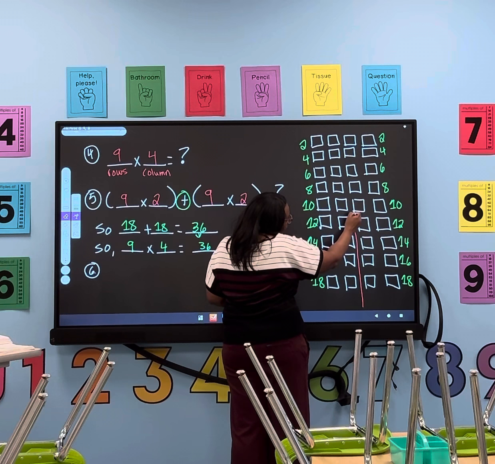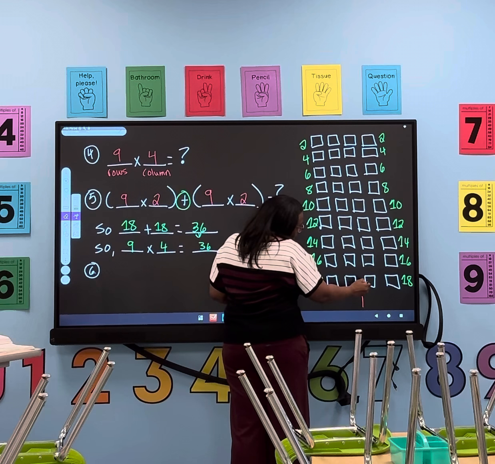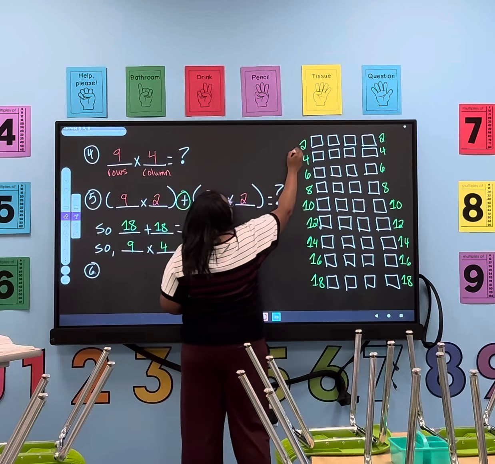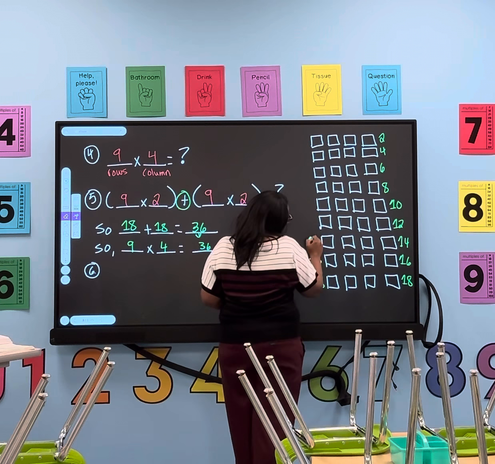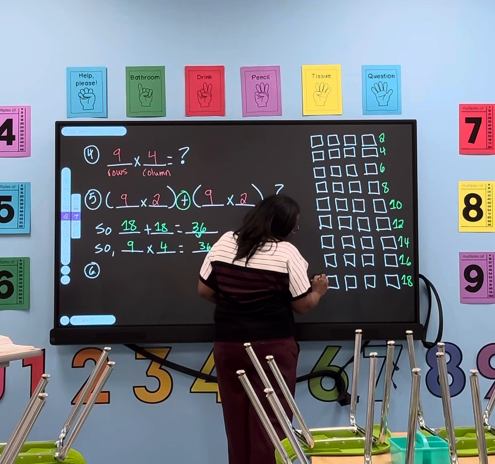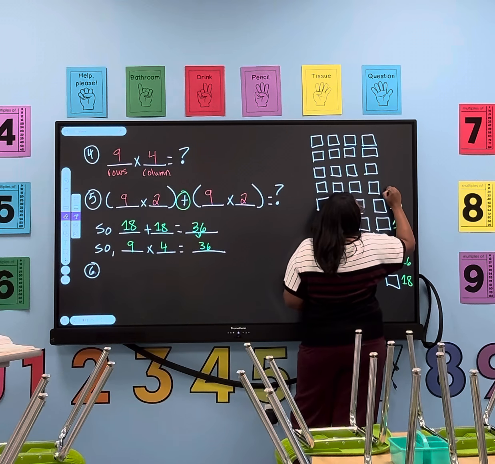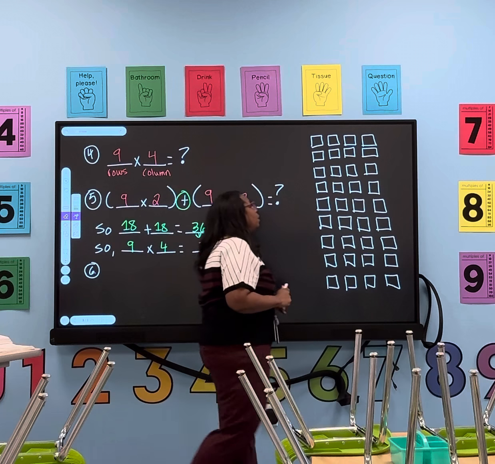So far, so good, guys. And then I'm going to get rid of the numbers on the side. Okay, so this is what it looks like again, without all the breaking apart before and the numbers.